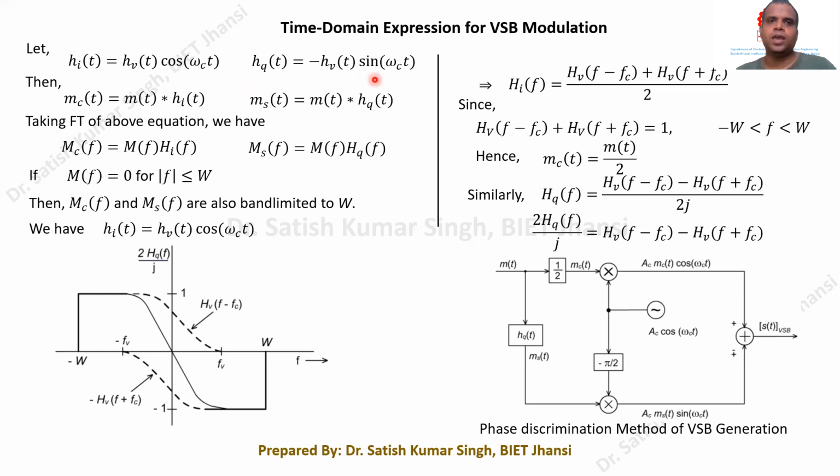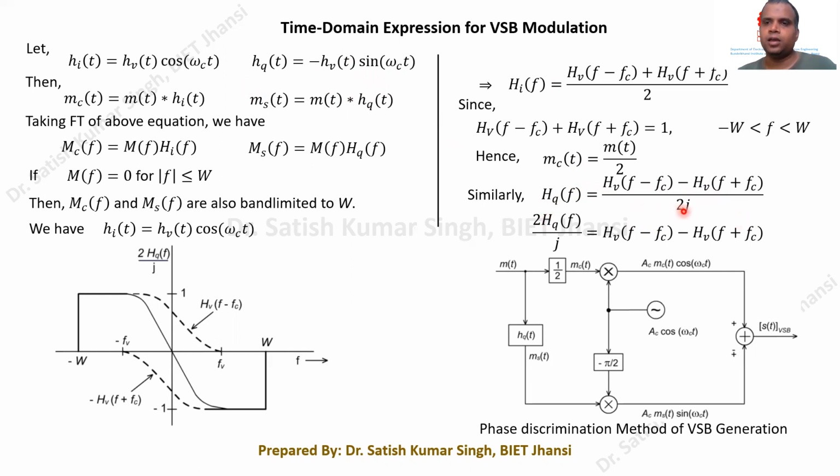Because of the sin(ω_c t), the frequency spectrum of h_ν(t) is again going to be shifted around f_c, and because of the sine we get a 2j at the bottom. The minus signs cancel out, and here we get [H_ν(f − f_c) − H_ν(f + f_c)] divided by 2j.